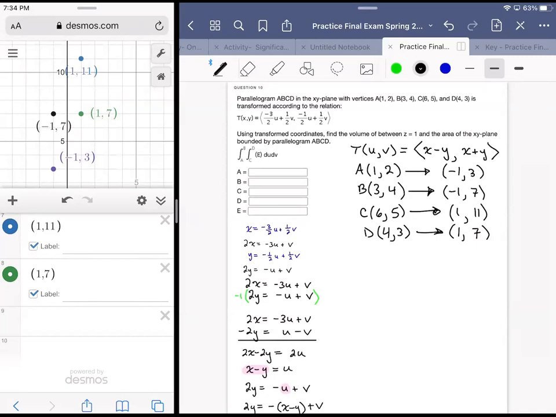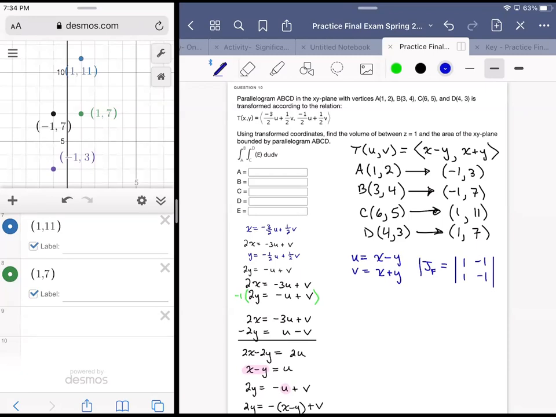So we'll need that for the Jacobian. So I can say that u is equal to x minus y, v is equal to x plus y. So then if I want my Jacobian function, it's going to be the first order partial with respect to x, which is going to give me 1s, with respect to y's, which is going to give me -1s.